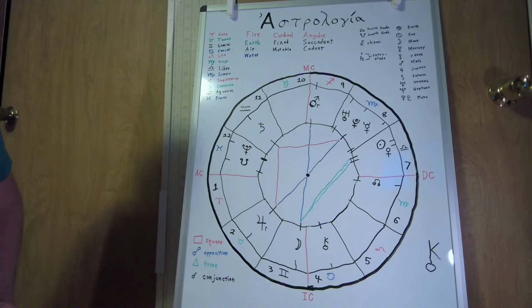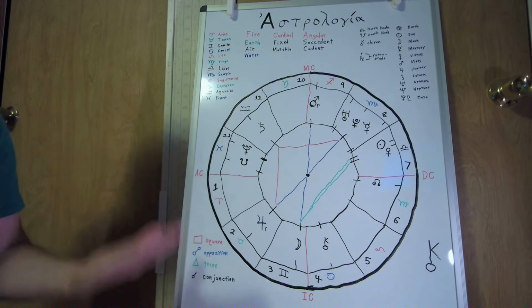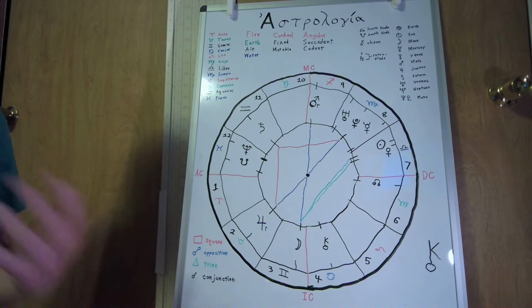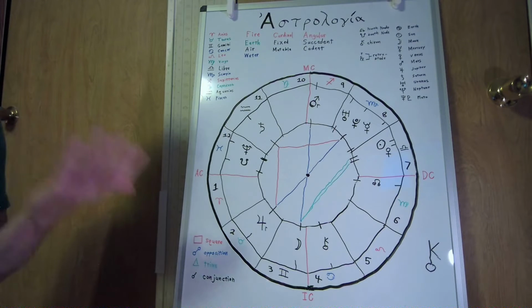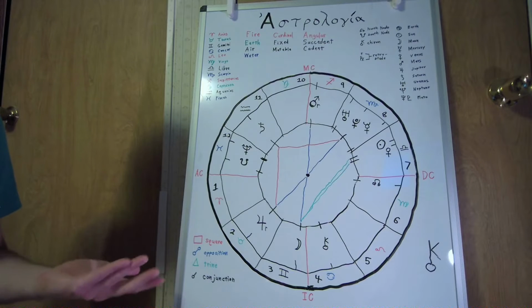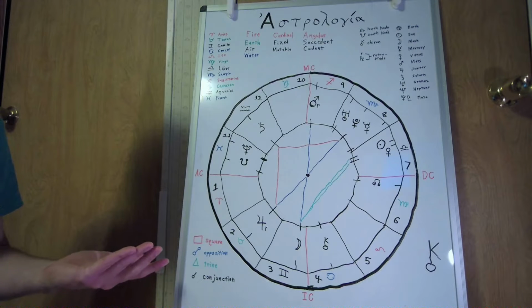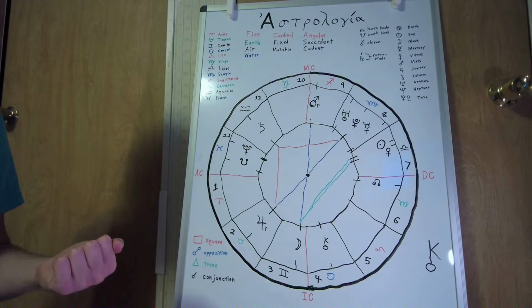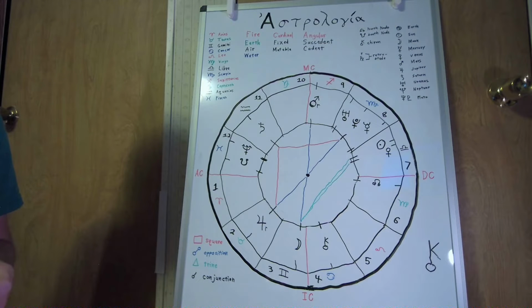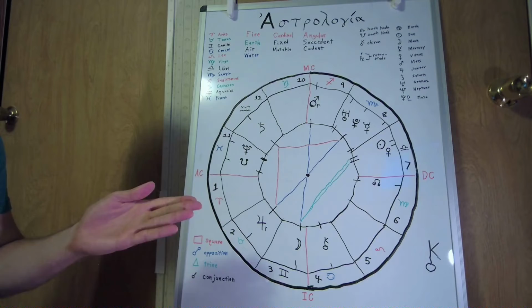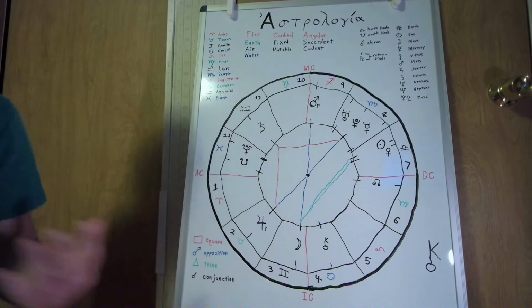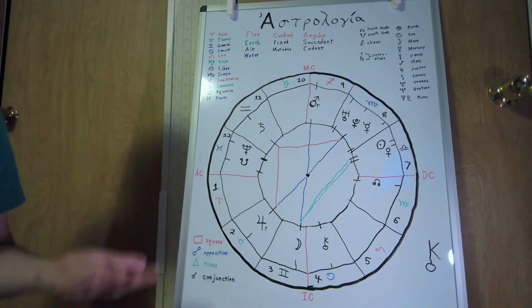And the next thing we need to cover is Chiron. Chiron is an asteroid. There are many asteroids that can be used in astrology, and also many virtual points. But we're only going to cover Chiron. So, Chiron is known as the wounded healer.